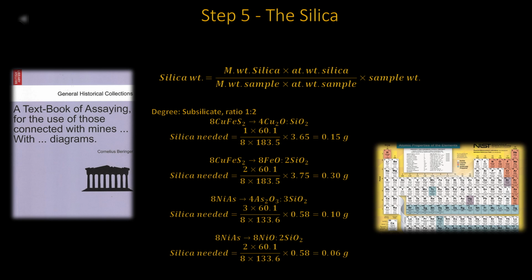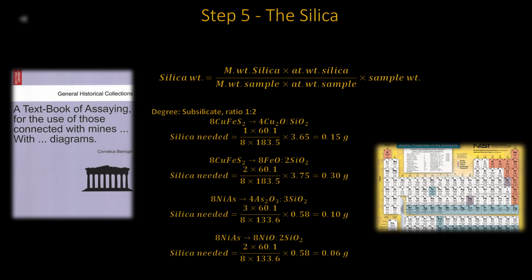Since there are 2 copper atoms in the copper oxide, and there are 4 molecules of the copper oxide, it shows that there is a total of 8 copper atoms in the 4 molecules. Because there are 8 copper atoms, that means there must be 8 copper atoms in the chalcopyrite. Since there is only 1 atom in the chalcopyrite, there must be 8 molecules of chalcopyrite in the ore material to make up the total of 8 copper atoms.